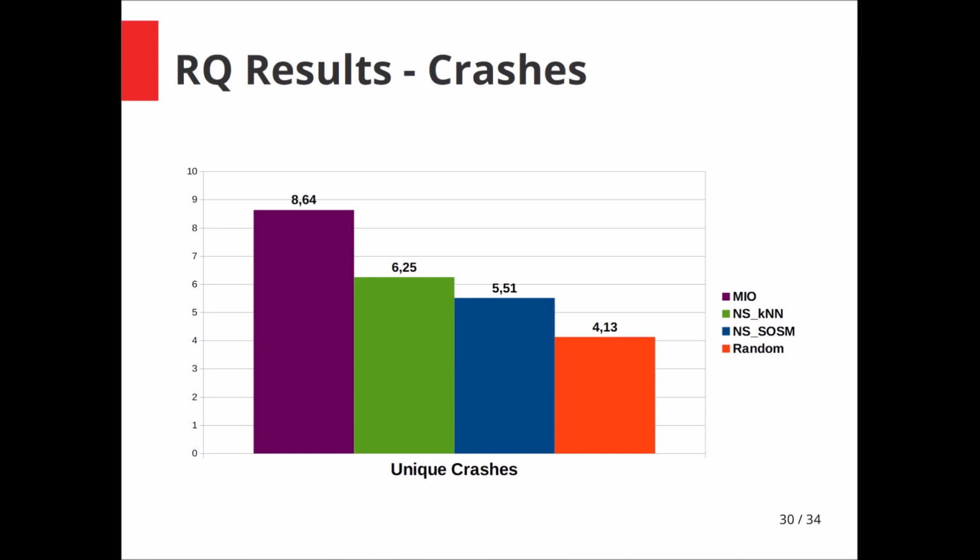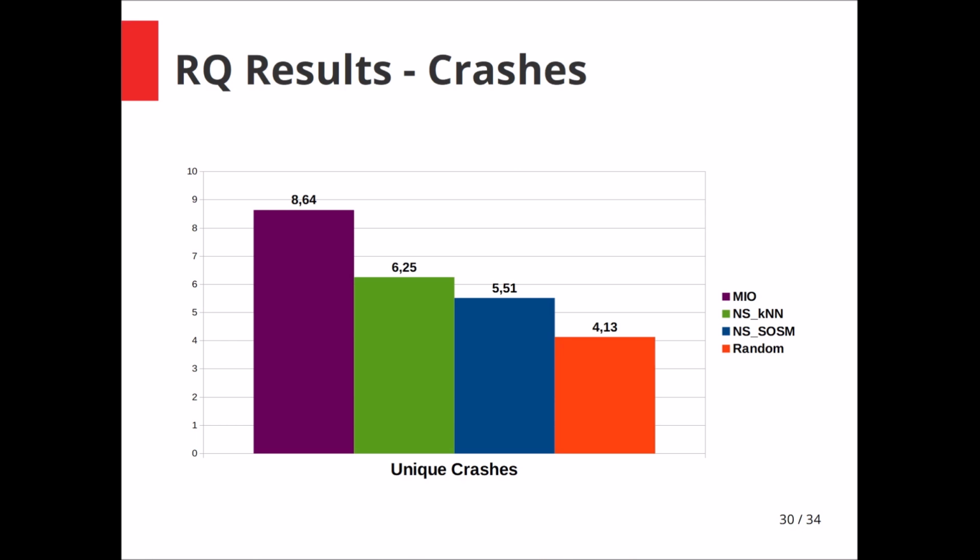We get a similar picture for the unique crashes. Here, MIO is also the best configuration, followed by the KNN-based novelty search and the SOSM-based novelty search, and at the last place the random exploration follows.